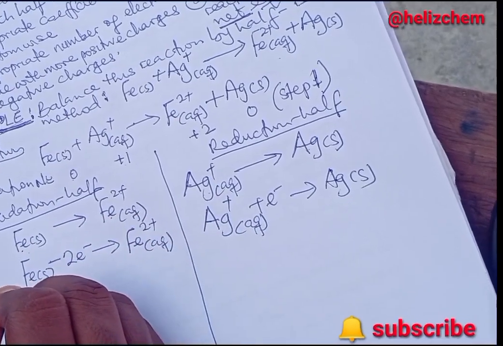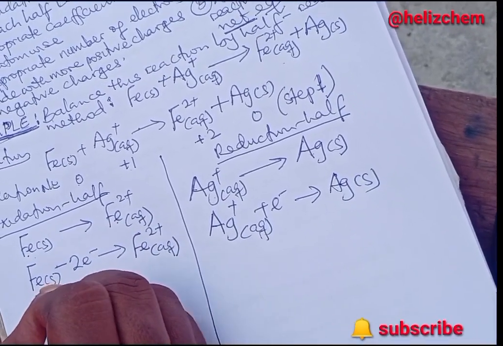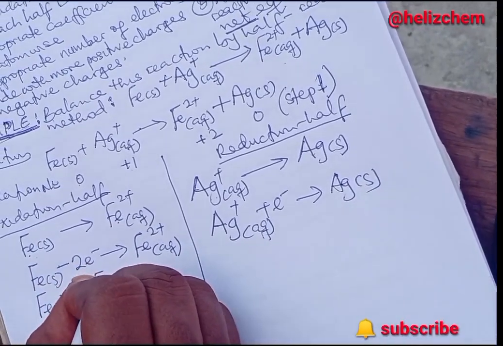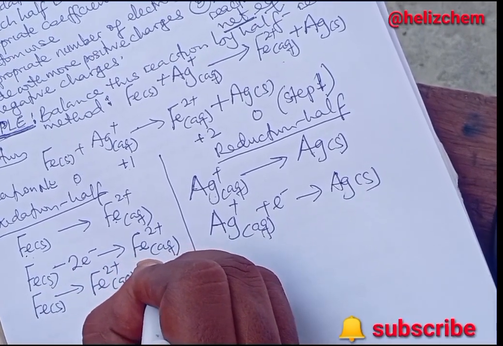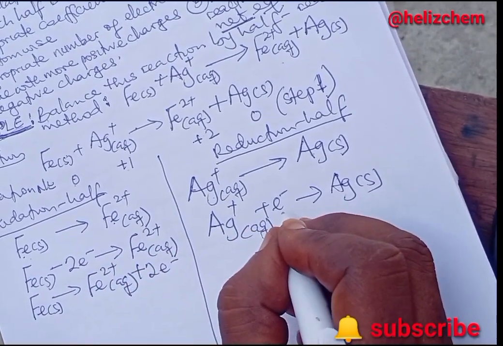You have to interchange this because we don't write negative equation in chemistry. So we have this now, then we have this here.